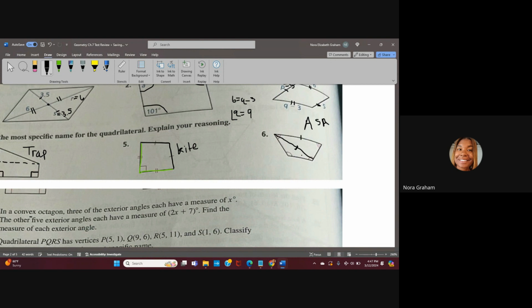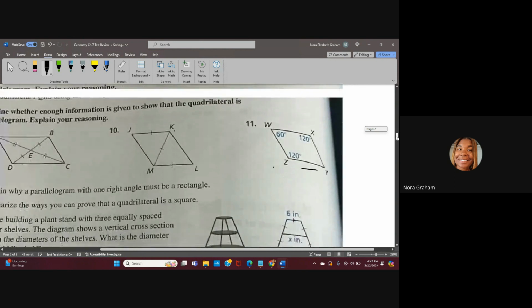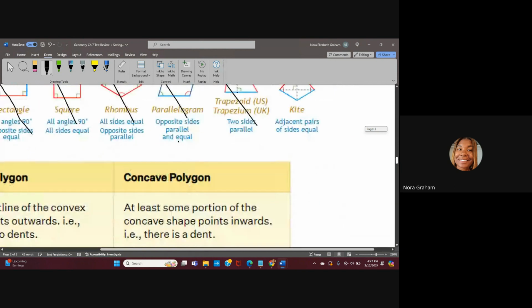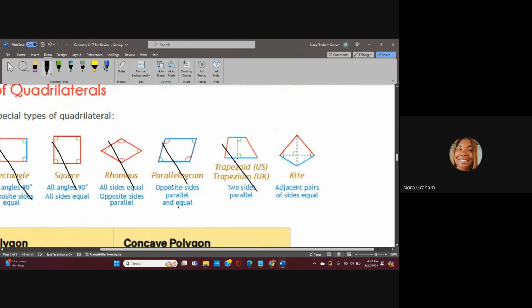This side corresponds with this side, and this side corresponds with this side. And so since I have opposite sides that are parallel, this is going to be a parallelogram. Opposite sides are parallel. Okay. So we're going to have a parallelogram for number 6.